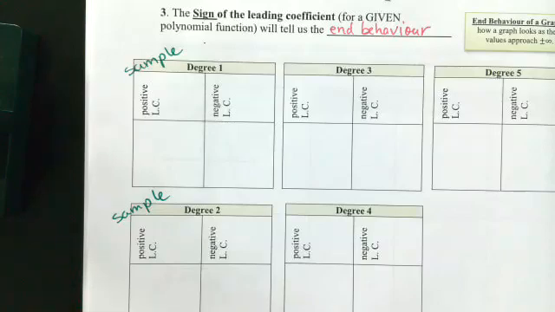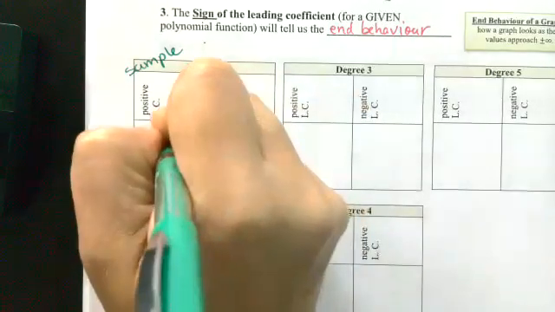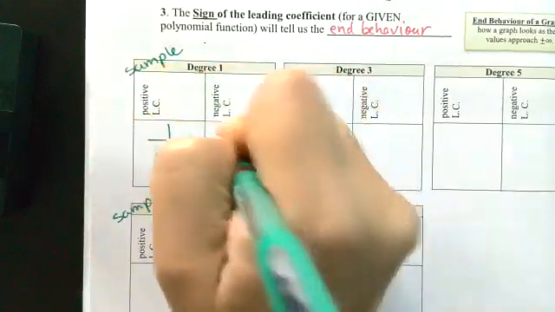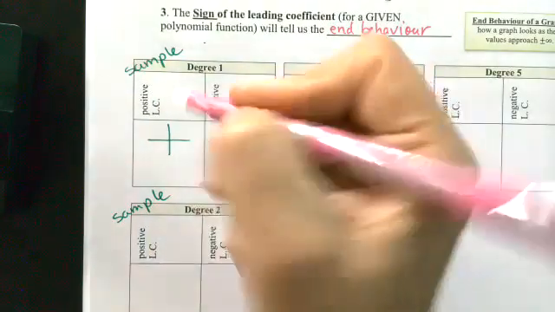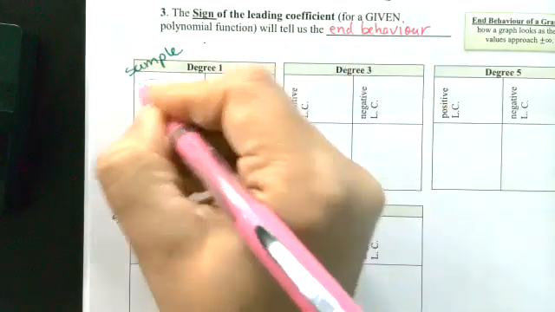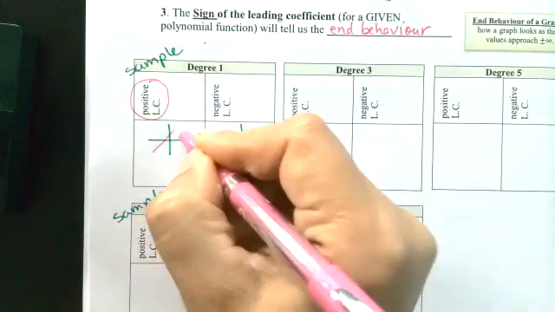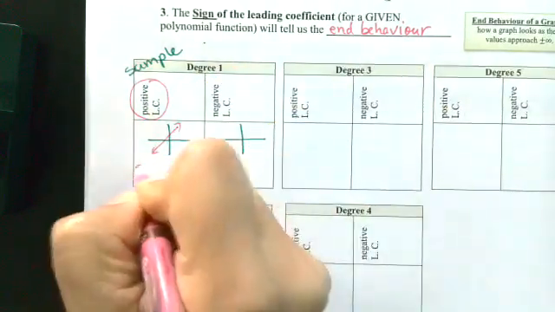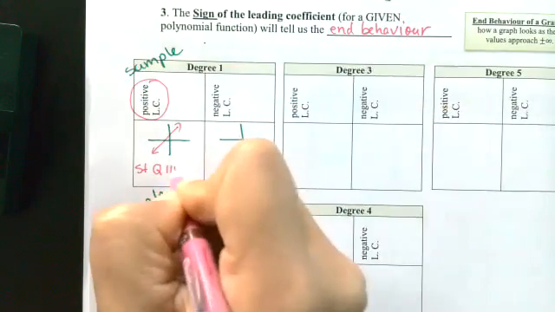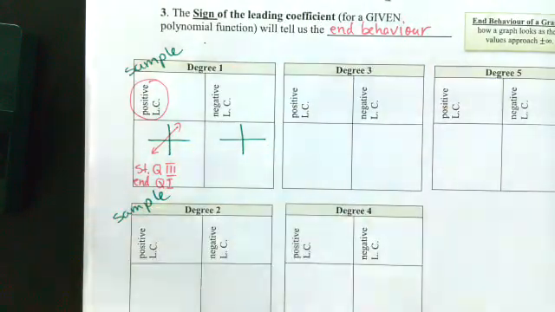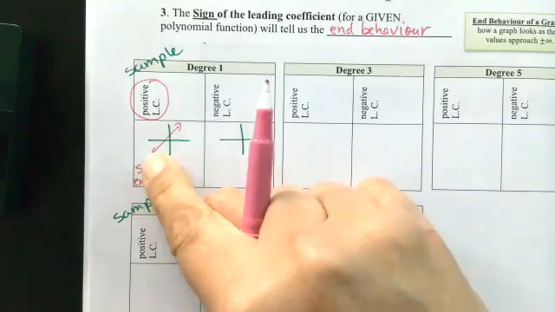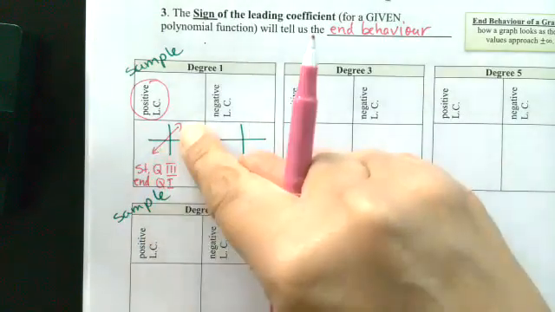So for degree 1, let's draw a couple of very simple x and y axes. For a positive leading coefficient, you're going to have an increasing function. So it's going to start in quadrant 3 and end in quadrant 1.